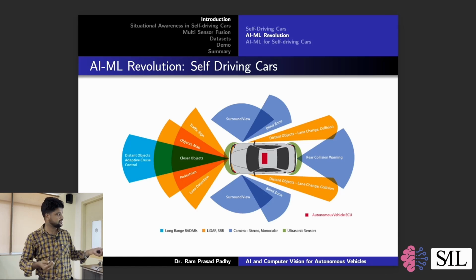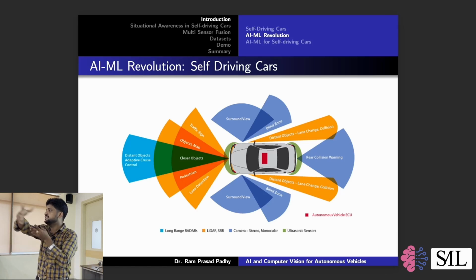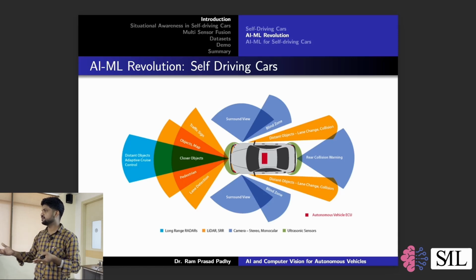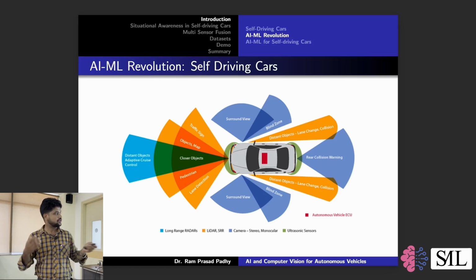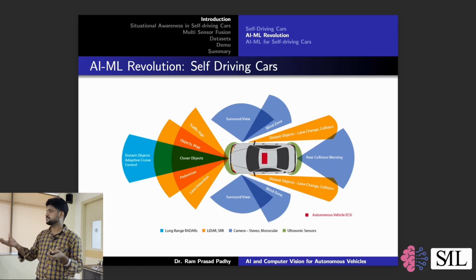So we need sensors that would overcome the drawback of the camera sensor. That is where LiDAR sensors are being used, where we get data in 3D. Again, the LiDAR sensor has its own drawbacks. So the most preferred method to do perception in a self-driving car is to fuse the data: LiDAR plus camera fusion. There are also other sensors like radar, which is also a 3D sensor, but it gives the velocity information accurately.